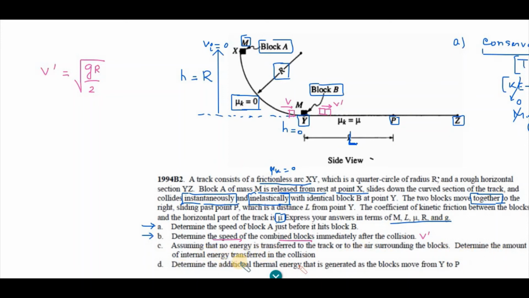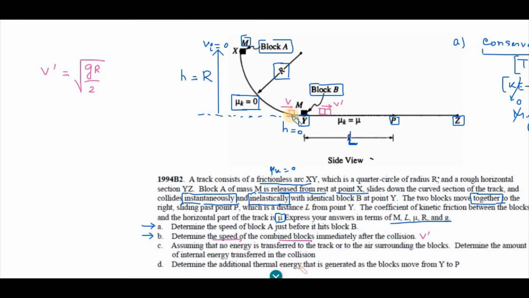So we need the amount of internal energy transferred during the collision only. Here we can take the initial kinetic energy of the block A, and the final kinetic energy of the two block system.